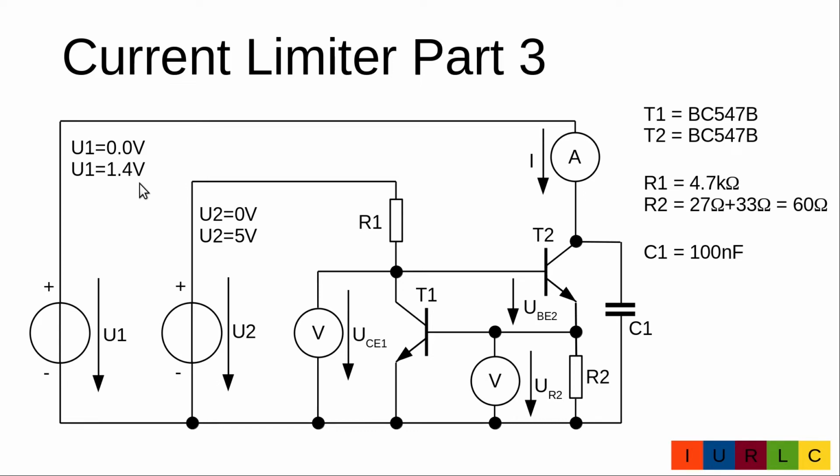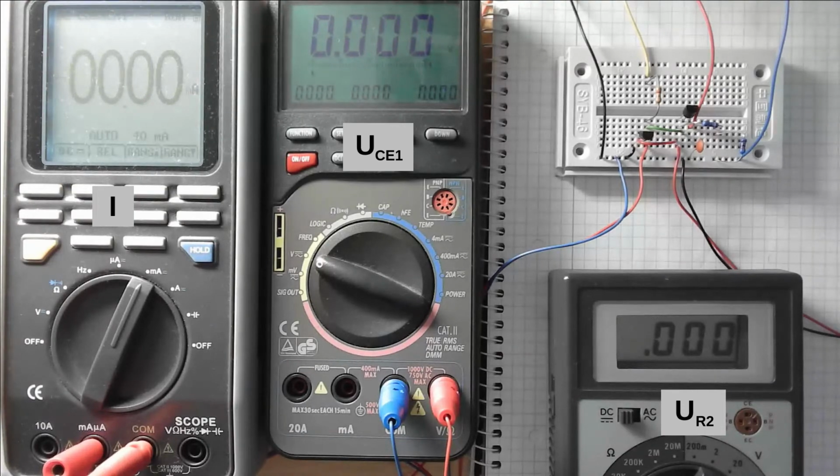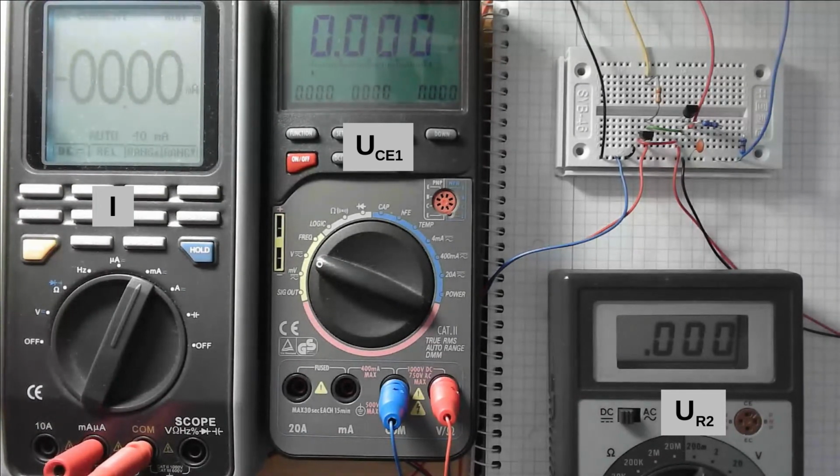Then we turn on the collector voltage to 1.4 volt and the control voltage to 5 volt. Then we measure immediately to get the values for a junction temperature which is equal to ambient temperature. I turn on the circuit now.